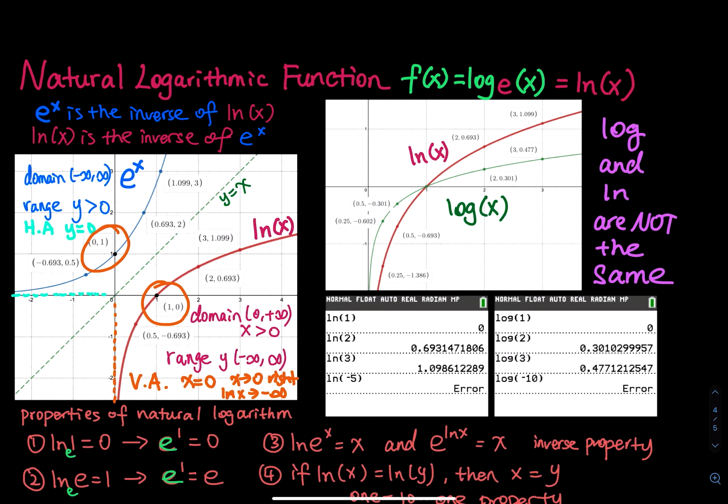Do we agree that from (1, 0) to (0, 1), they swap the x and y? Yep. And then the next point is (2, 0.69) and (0.69, 2). The x and y got swapped. And then (3, 1.09) and (1.09, 3). They swap the x and y.